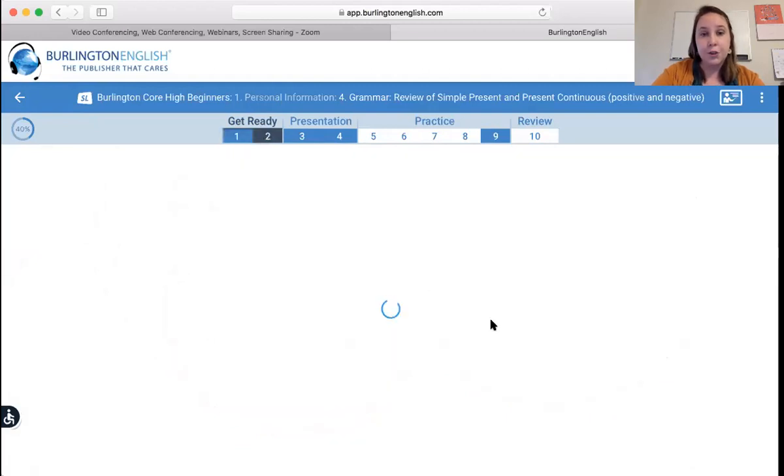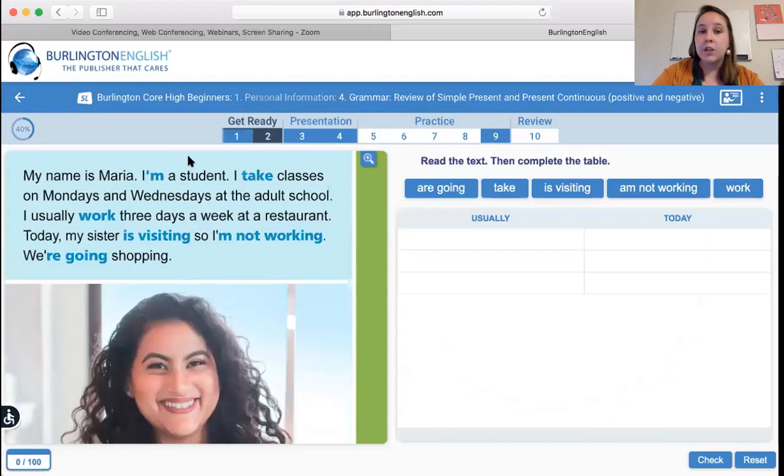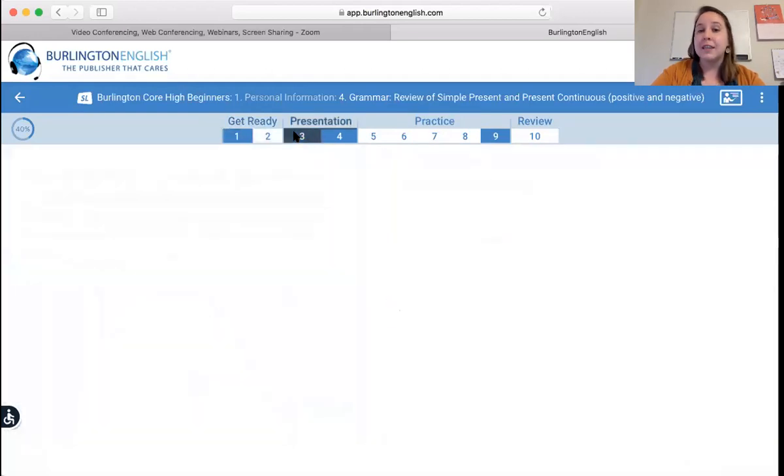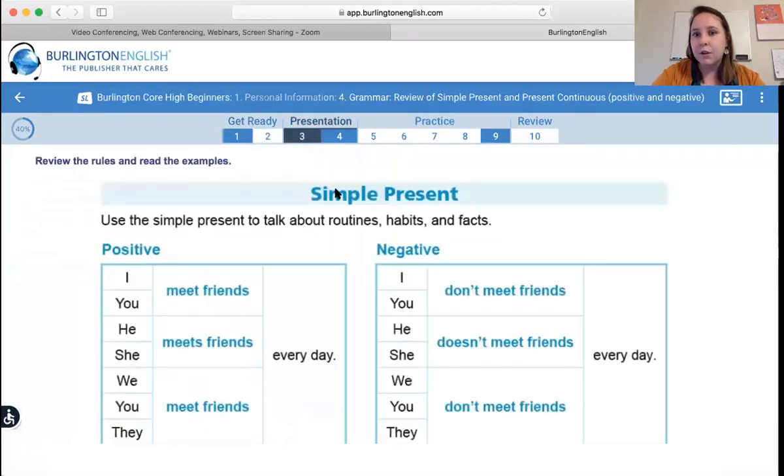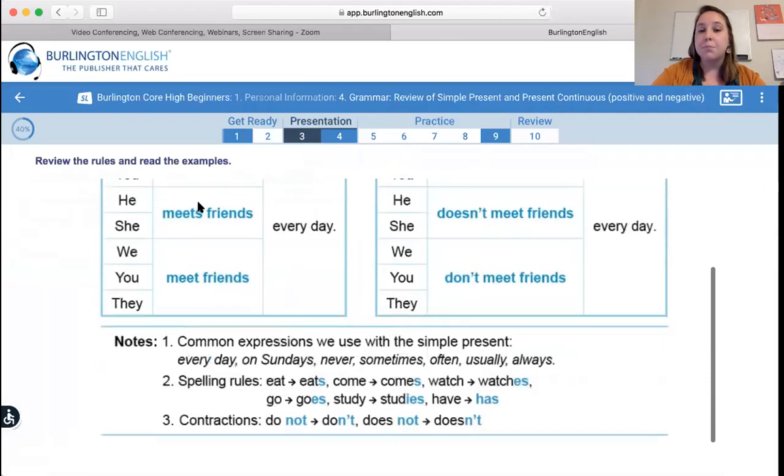So for number 2, you're going to do the same thing we just did. Read through this and then choose what usually happens and what is happening today. Then for the presentation, it just is going to give you those charts again. Practice them.